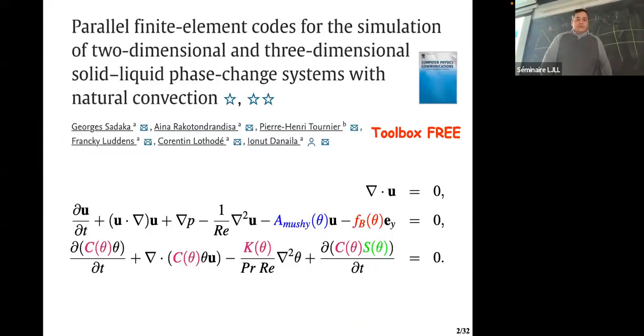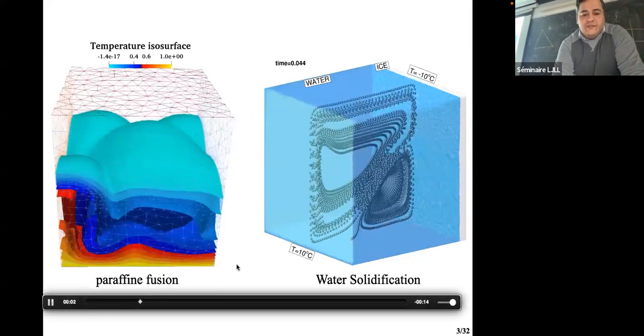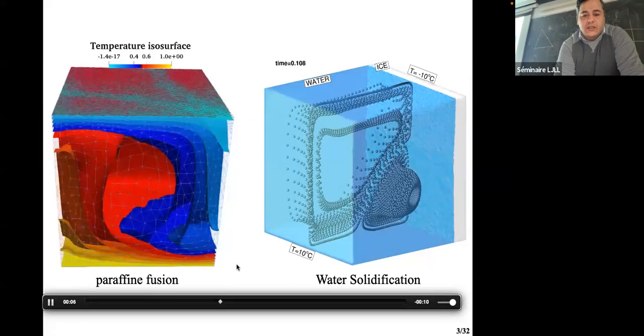So the first thing I want to speak about is a toolbox which is free and published for the parallel finite element code for the simulation of 2D and 3D solid liquid phase change systems. We have here the Navier-Stokes equation and here the heat equation. And the simulation of this equation. On the left, we have a fusion of a paraffin, which is solid at the beginning.